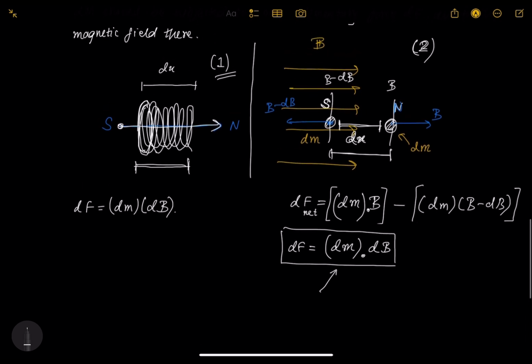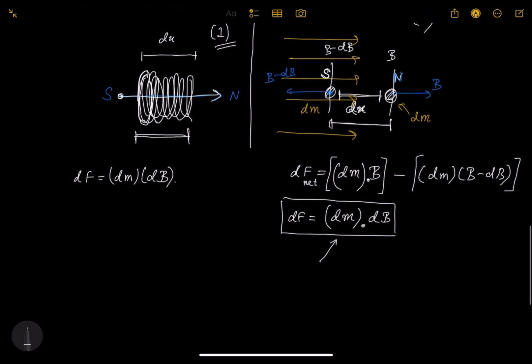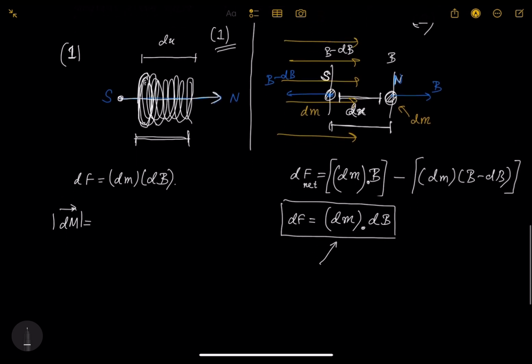So we need another equation which can interrelate these two pictures, which is that the magnetic moment in the first picture is defined as, by the way, it's a vector quantity. We're only concerned with the magnitude since we're only looking at things along the z-axis.